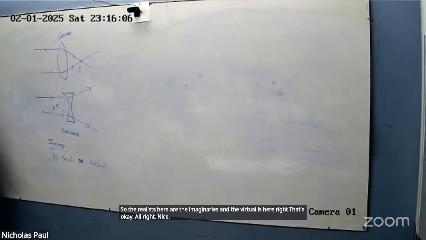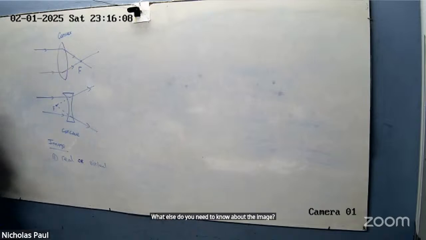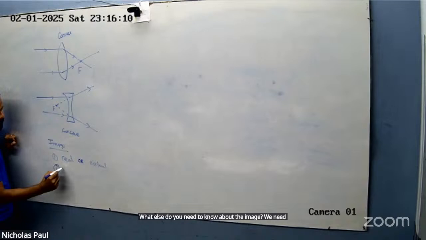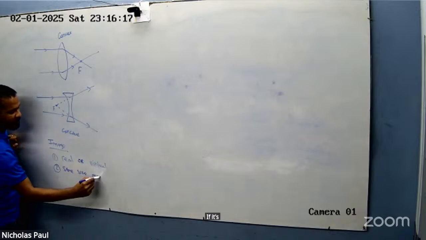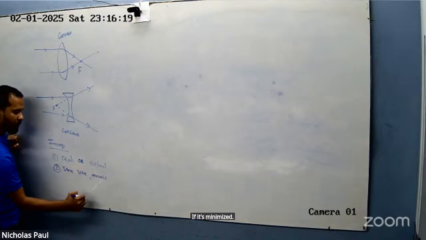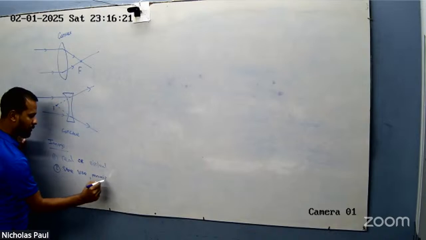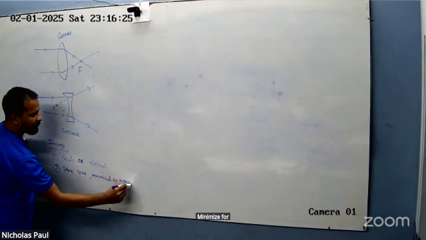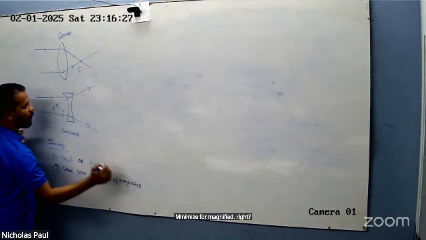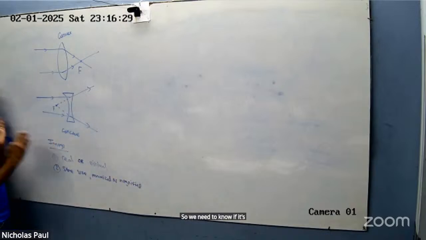What else do we need to know about the image? Nice. We need to know the size. We need to know if it's the same size, minimized or magnified, right? So we need to know if it's the same size, smaller or larger.